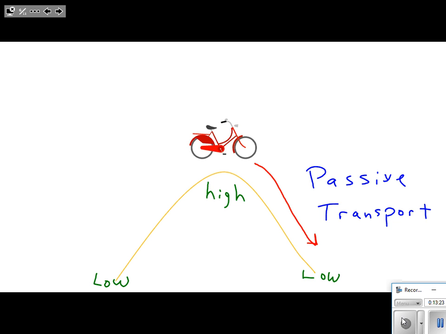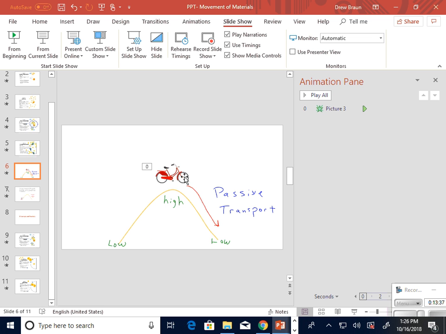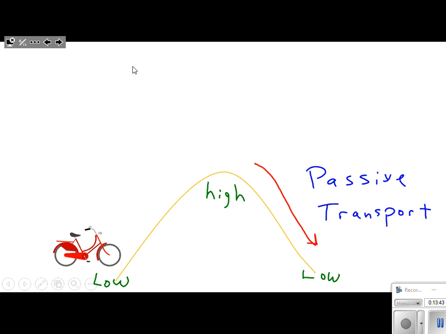Now, let's say that my bike, dang it, let's say my bike is down here now. If my bike's down here and I'm going to ride up the hill to the top, so if I'm going from a low concentration to a high concentration, am I going to have to exert any energy to pedal that bike up that hill?